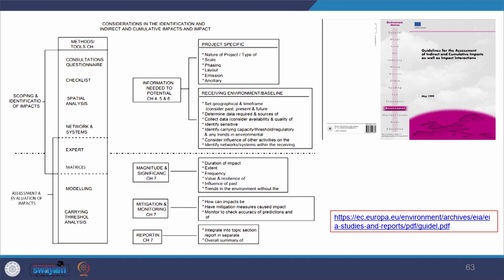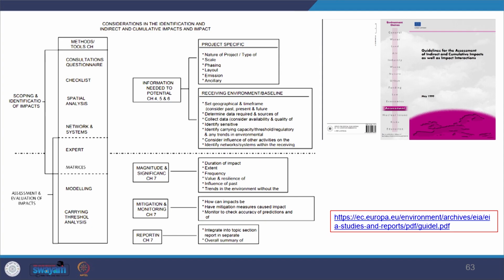And then based on this, what kind of information would be required for undertaking this is like you would need project specific information, like what's the nature of the project, what's the scale of the project, phasing, layout, emissions, ancillary, and then you would also need the receiving environment baseline.